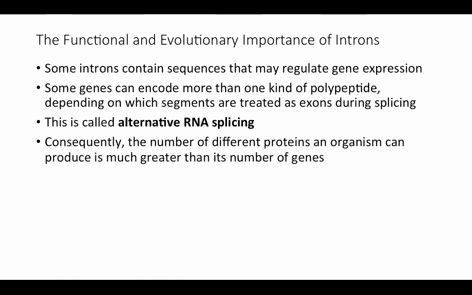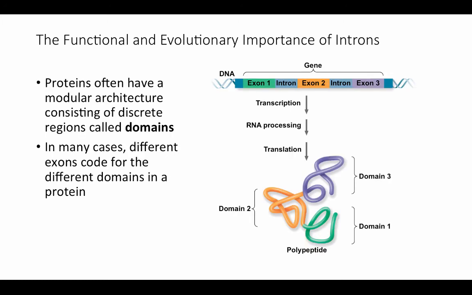So as a consequence of this, we found out that the number of different proteins an organism can produce is actually much greater than the number of genes, because a single gene can be spliced in different ways to create different polypeptides. It also turns out that proteins can often have a modular architecture, so that means that there can be regions of it that have distinct functions. These distinct functional regions are known as domains.